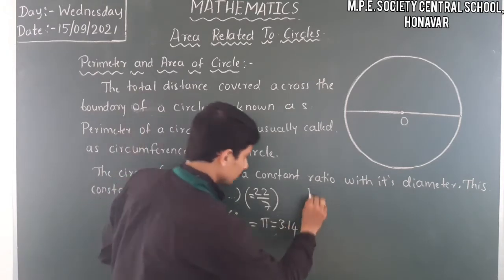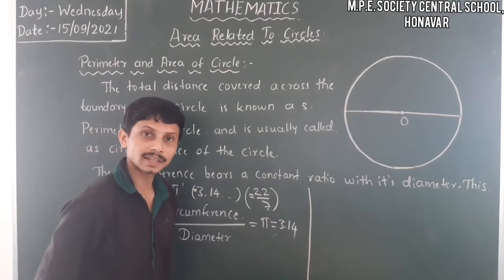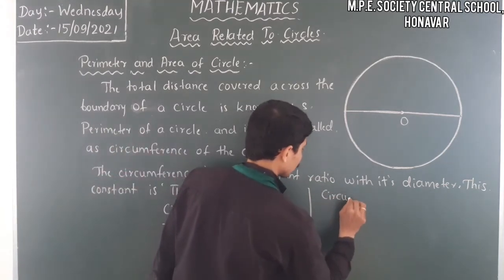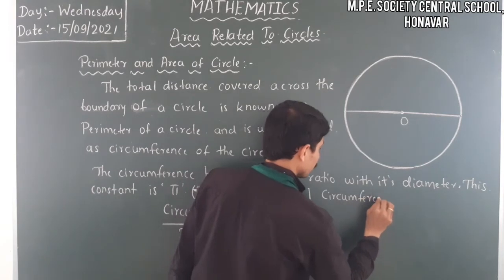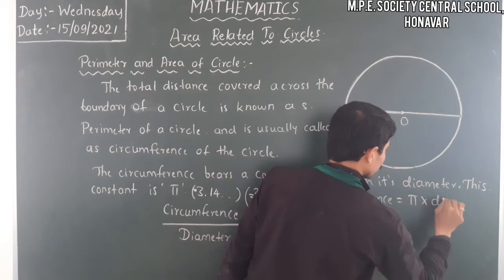Now let us transpose the diameter to the RHS: circumference is equal to pi into diameter.